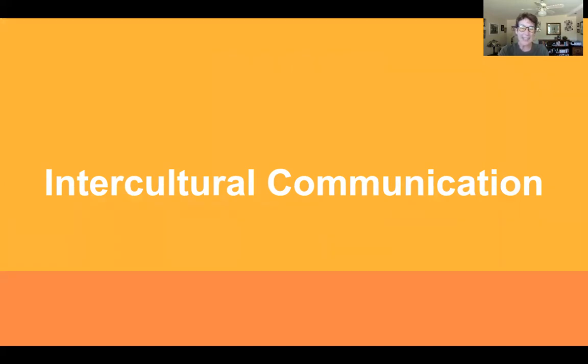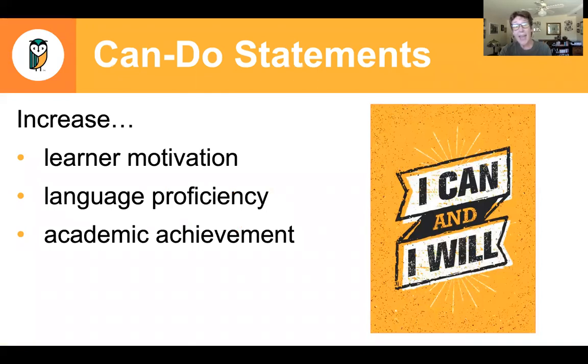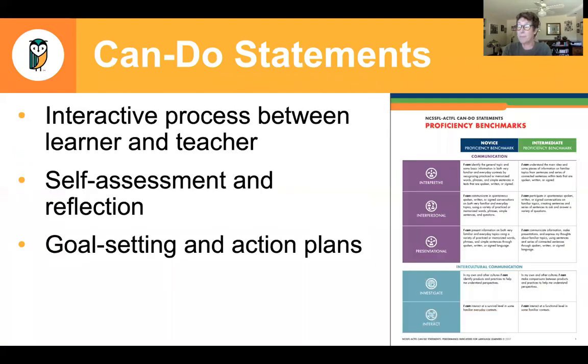Okay, interesting. So can-do statements as a whole help students really focus on what they need to do with the language and the culture together. When students know what is expected, they are more motivated to work toward the goal. That is going to increase their proficiency and produce better results.